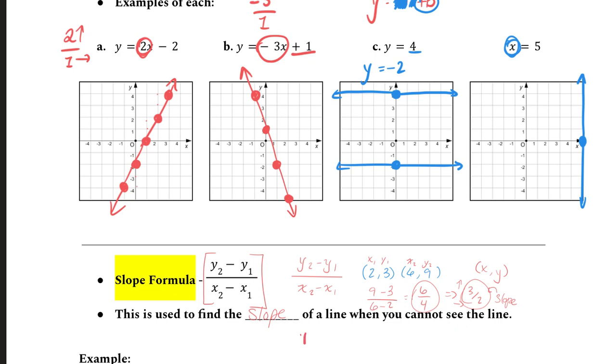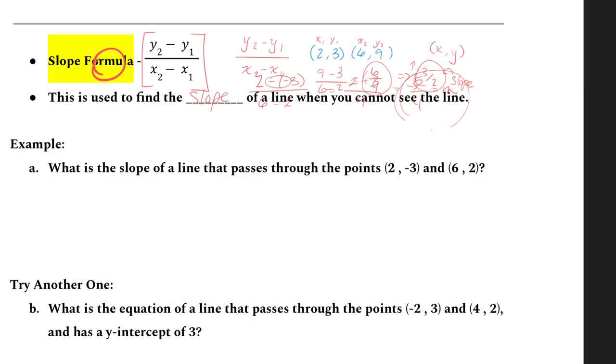Remember what the formula is: y2 minus y1 over x2 minus x1. So all you have to do to find the slope is plug them into our slope formula, which again is y2 minus y1 over x2 minus x1.